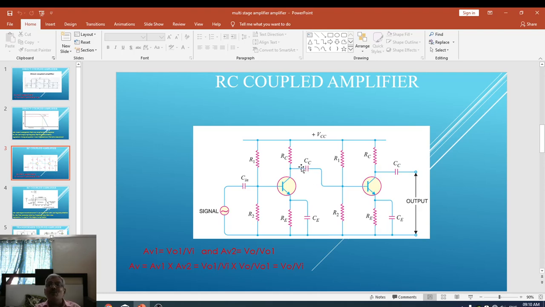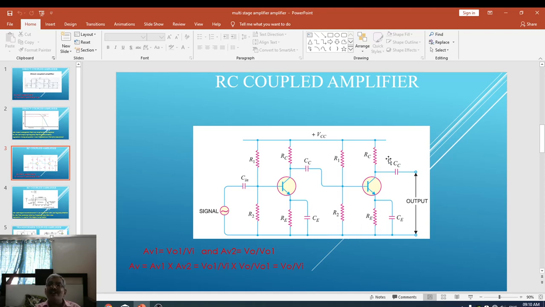The output of the first stage is coupled as an input to the second stage, that is, to the base of transistor Q2, which is again in common emitter configuration. Its operating point is again adjusted in the active region by using the combination of R1 and R2 that forms the voltage divider biasing network.